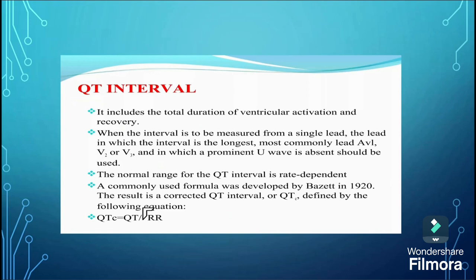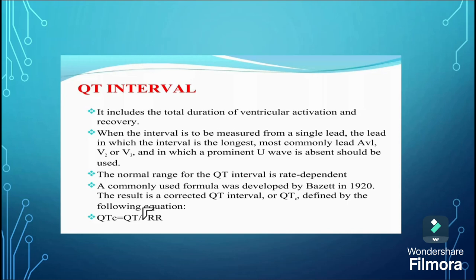QT interval includes the total duration of ventricular activation and recovery. When the interval is to be measured from a single lead, the lead in which the interval is longest, most commonly the lead AVL, V2 or V3, and in which a prominent U wave is absent, should be used.